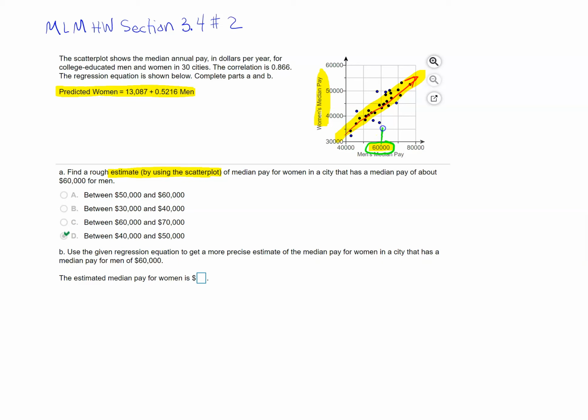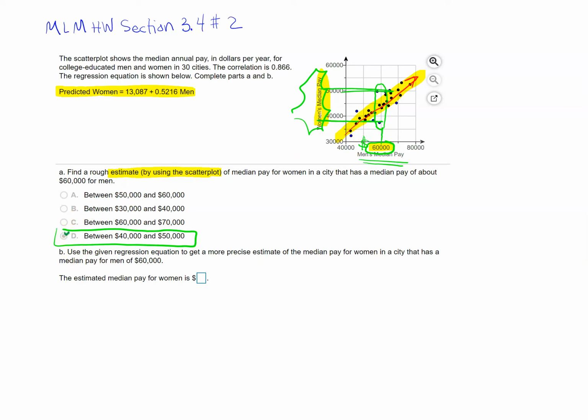And I can come up and I see there's several dots there, in that range, all these dots. So anywhere between a little bit below 40,000 and close to 50,000 would be a good estimate for the women's salary to match $60,000 in the men's salary. So answer choice D was the best answer choice there.